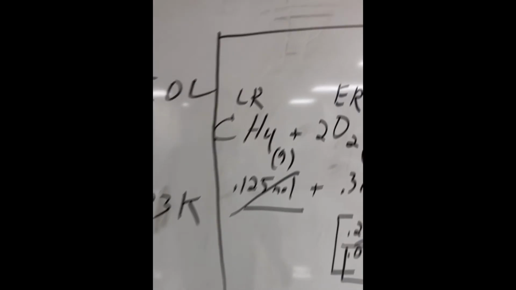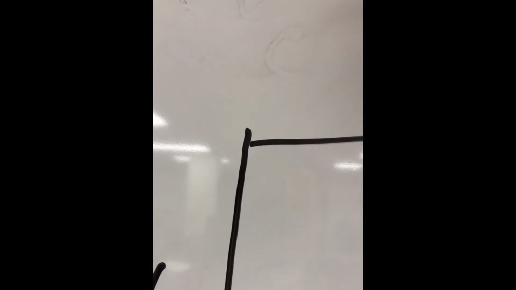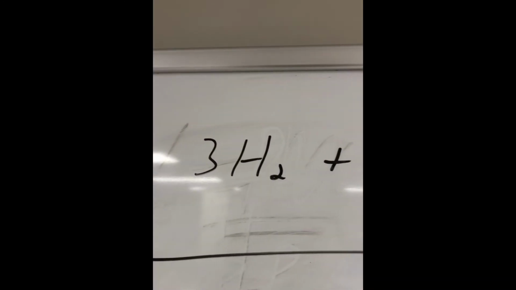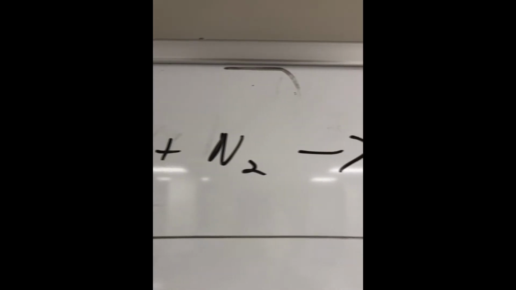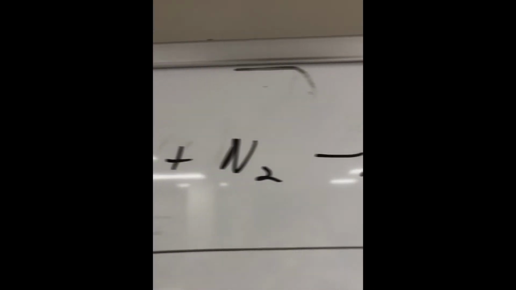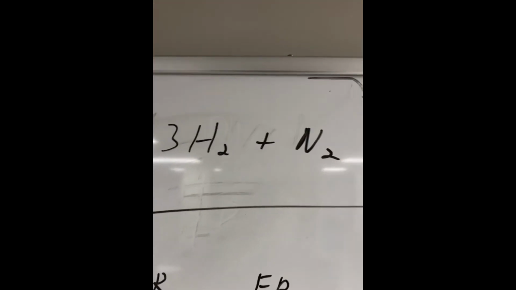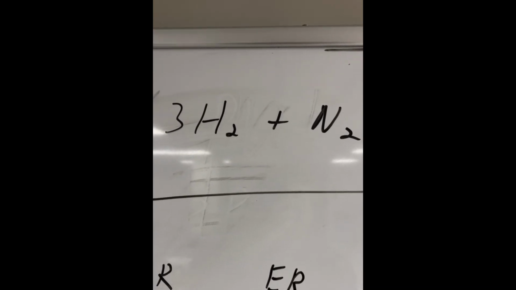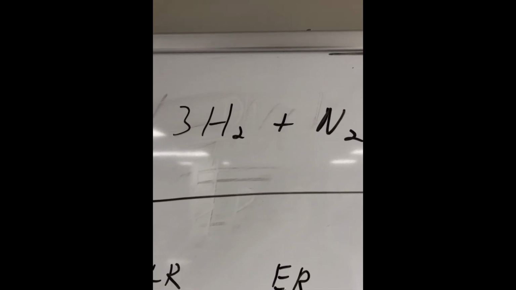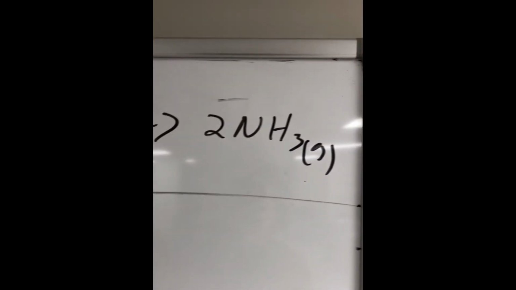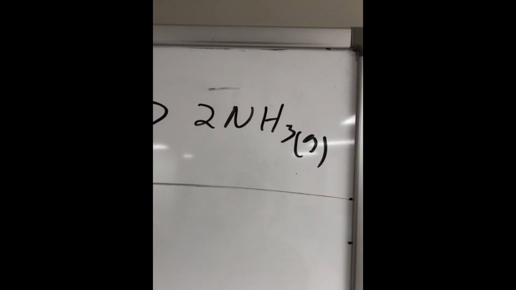If we have a different reaction with a different stoichiometric ratio, again, we'll use this one. Notice 3 moles plus 1 mole yields 2 moles of ammonia. Now, no matter what molar quantities we start with in whatever ratio, once you figure out limiting and excess and go through the process, you will always have fewer moles on the product side.